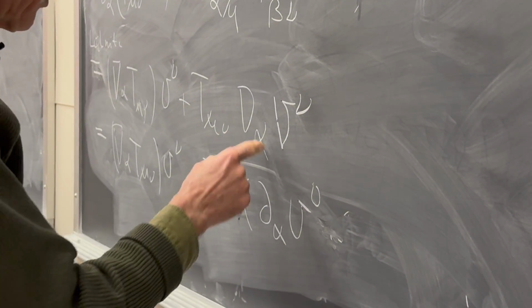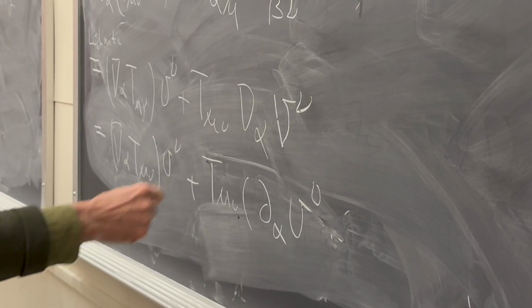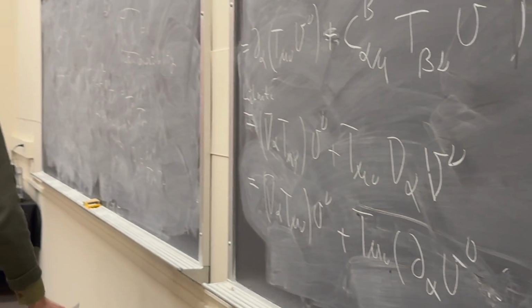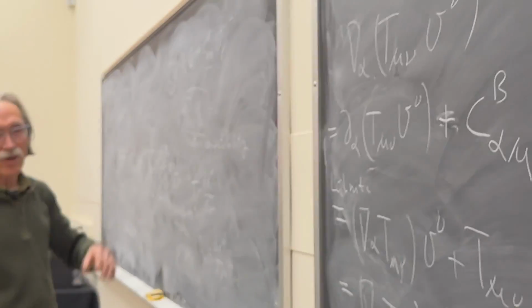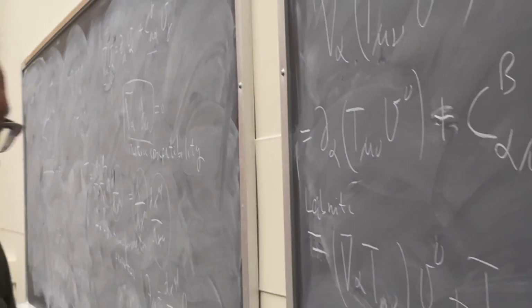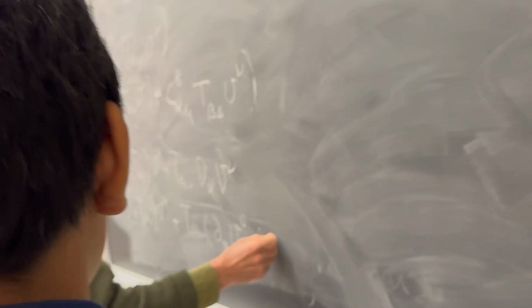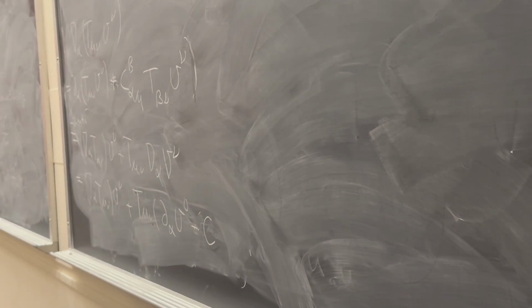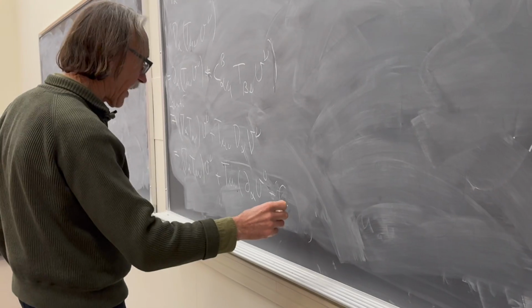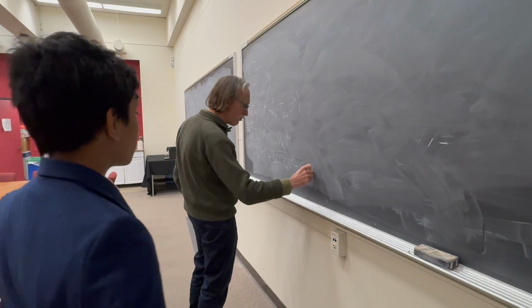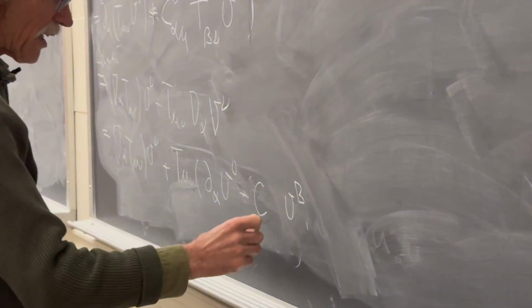This now has an upper index, and here we only showed it for a lower index. Then actually there's a minus sign. There's again this symbol. It is an upper index, so that means there's a beta here.